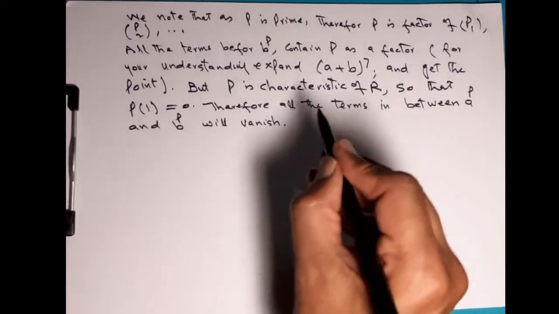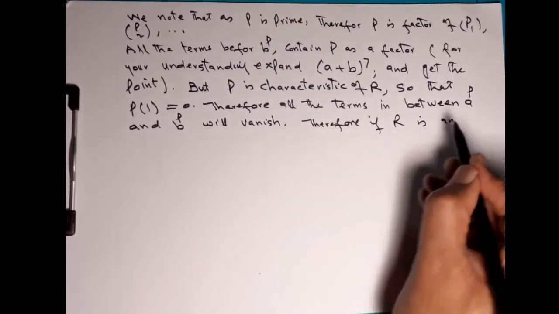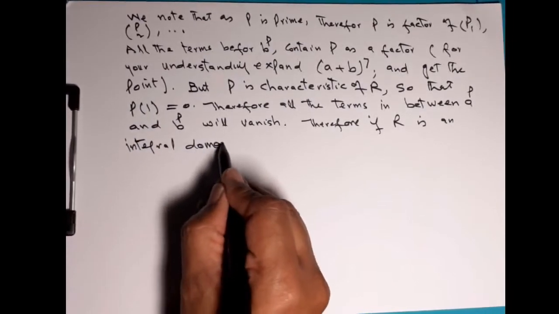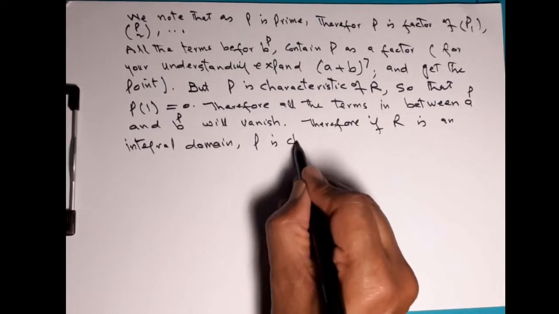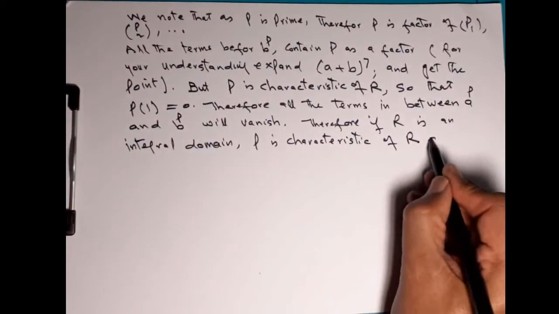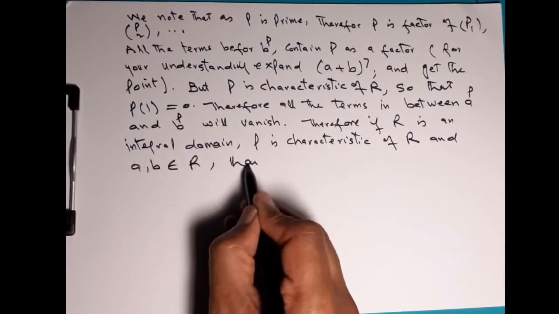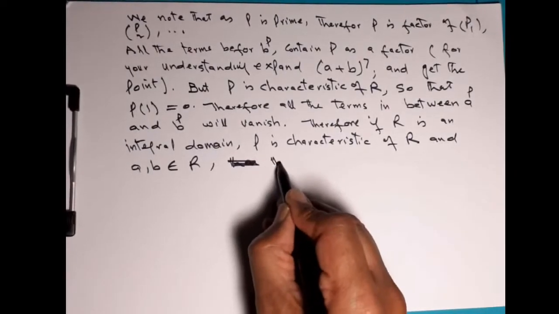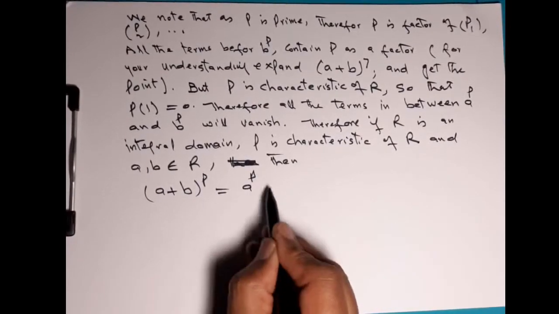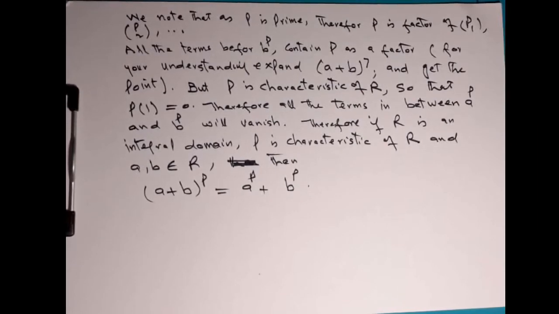For this reason, if R is an integral domain, P is the characteristic of R, and a, b belong to R, then a plus b raised to power P will be equal to a raised to power P, all the terms in between will vanish, plus b raised to power P. So this is a very important observation.